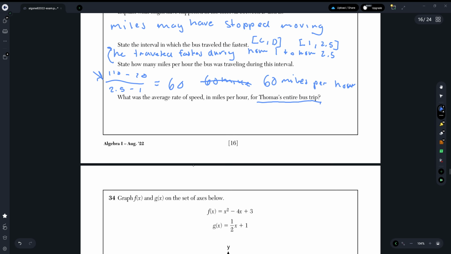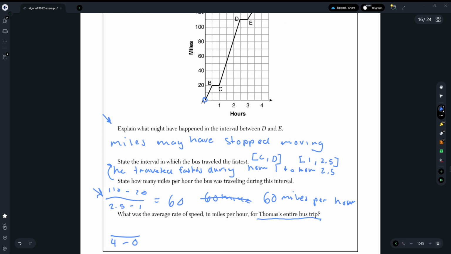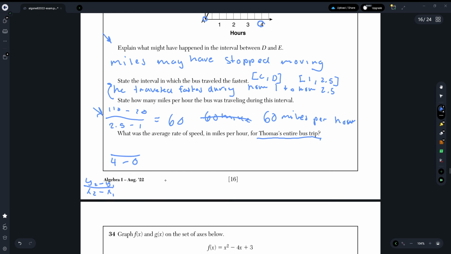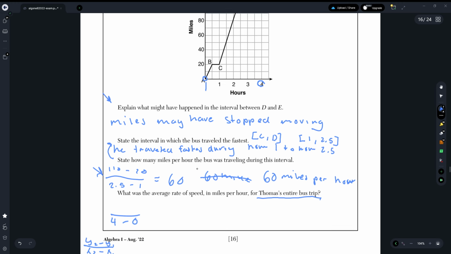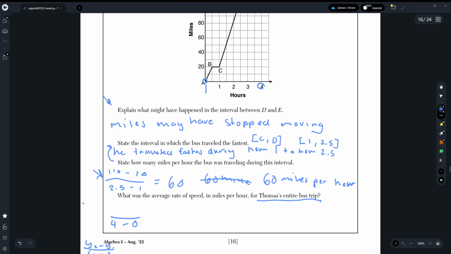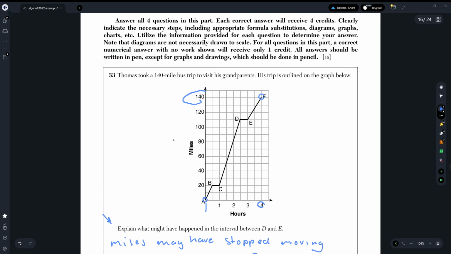So I'm going to go ahead and write that. Remember the formula for slope is y2 minus y1 over x2 minus x1. Here we have x2, which is 4, and we're subtracting our x1, which is 0. Next, we're subtracting y1, which is 0, from y2, which is 140.